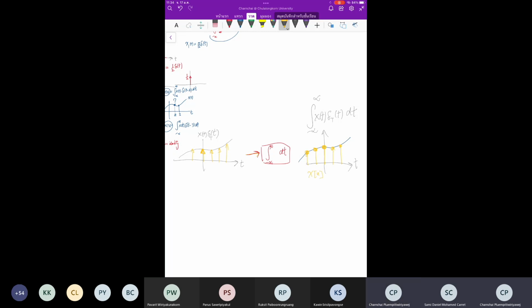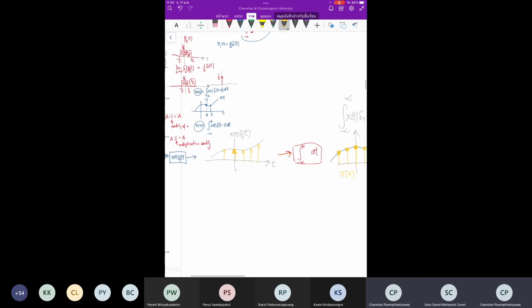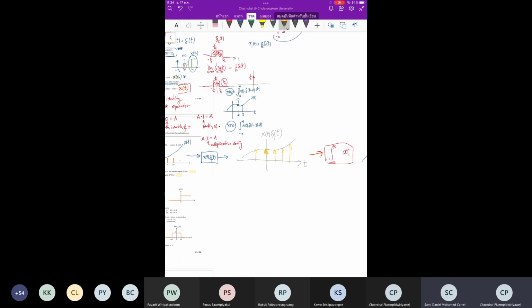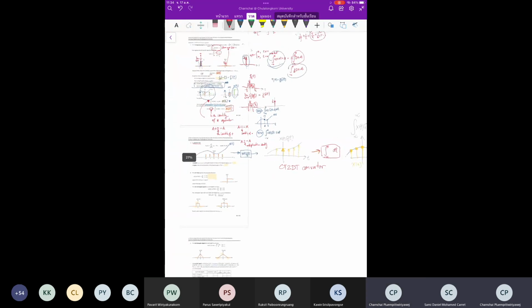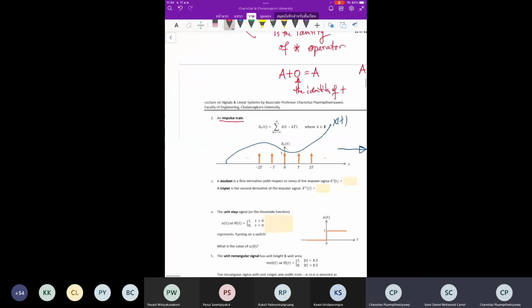This is how we do sampling, from continuous time to discrete time. I call it a CT to DT converter. We use the impulse train to do the discrete time conversion.